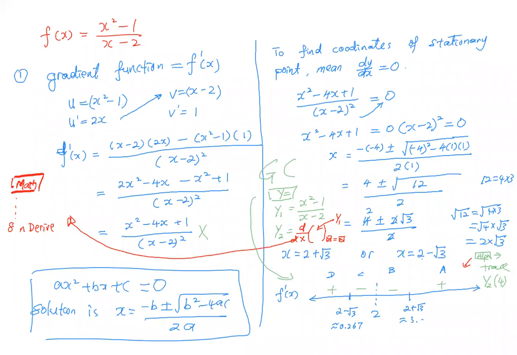So that's why for your fx, this is a local... Your fx graph is going this way. Go up, stationary, come down. This one go down, stationary, go up. So this is a local maximum, this is a local minimum.